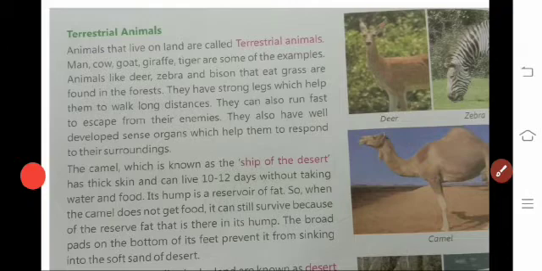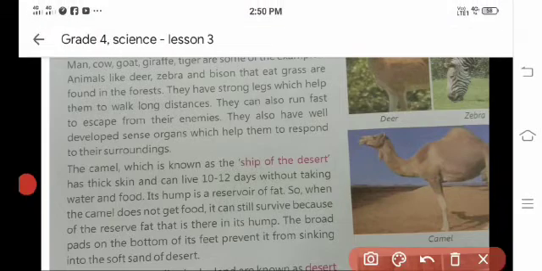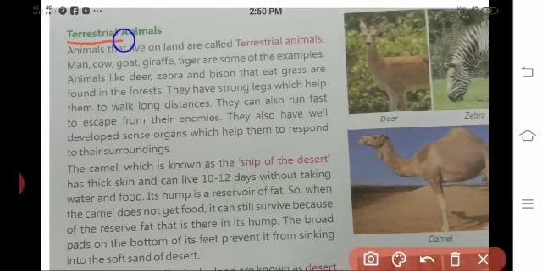Animals that live on land are called terrestrial animals. You see, man, cow, goat, giraffe, tiger are some of the examples given. Animals like deer, zebra and bison that eat grass are found in the forests.